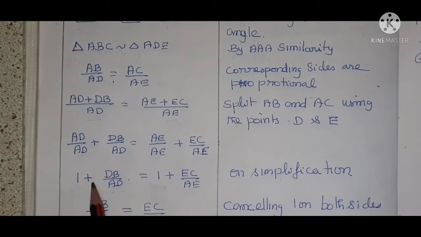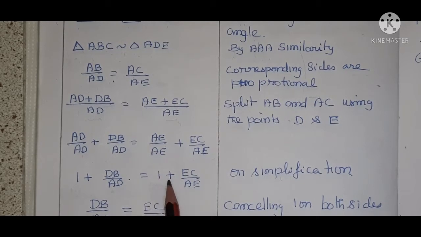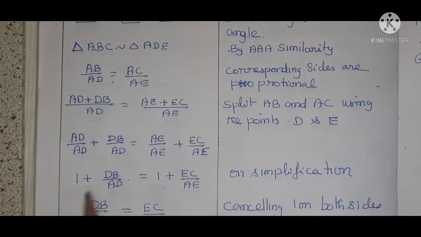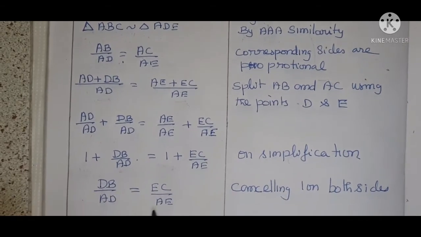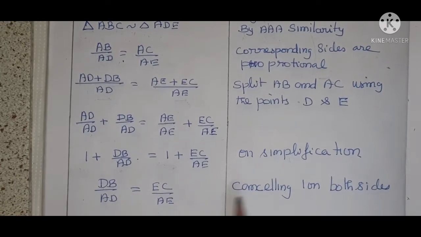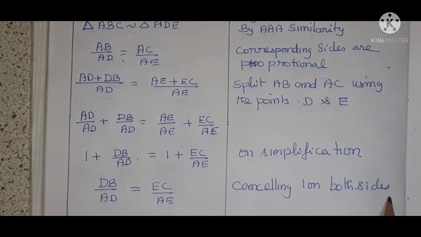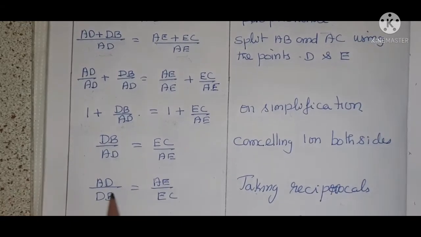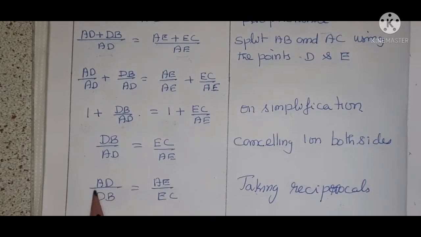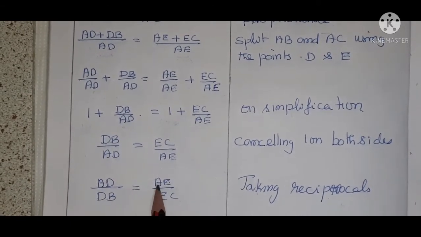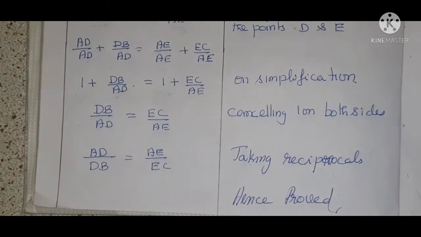AD by AD is 1, so 1 plus DB by AD is equal to 1 plus EC by AE. Cancelling 1 on both sides, we get DB by AD is equal to EC by AE. Taking the reciprocal, AD by DB is equal to AE by EC. Hence, the theorem is proved.